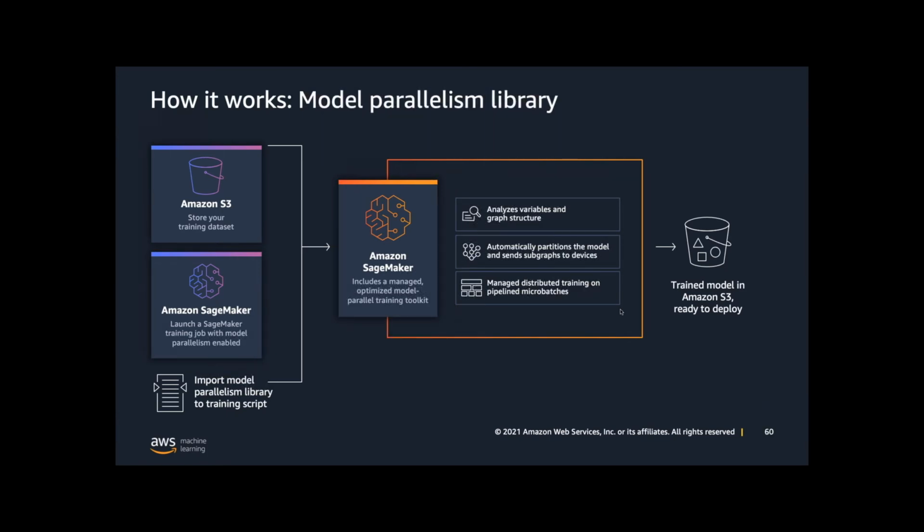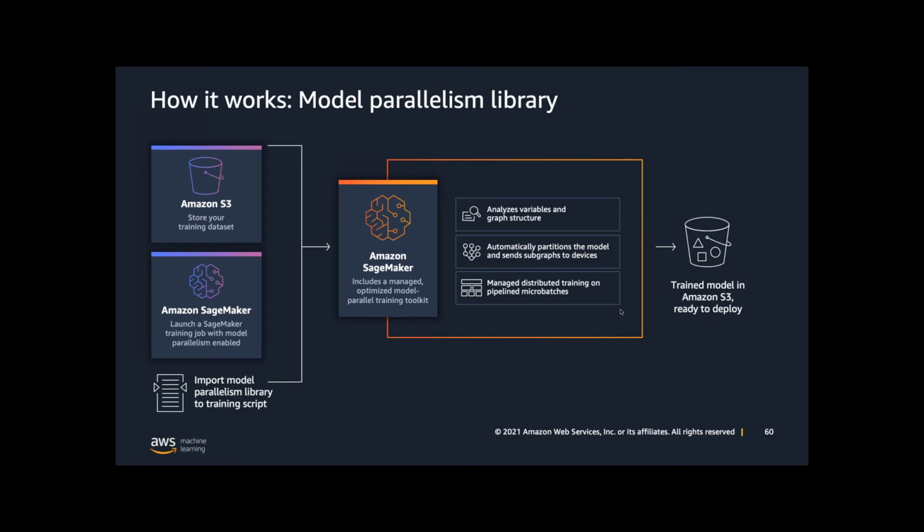On the other side, we have model parallelism, right? We have a library that supports that. Again, users start by importing the model parallel library into their training script. Just need to enable a flag. When SageMaker runs training, it automatically analyzes the profile of your model, partitions it, and sends those pieces of the model to different machines, if you will.